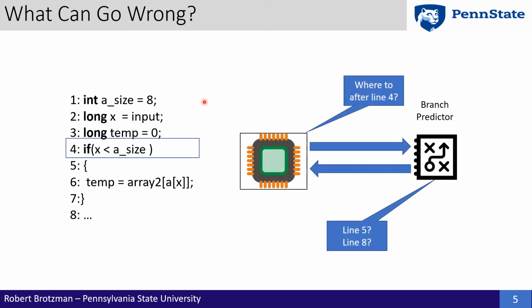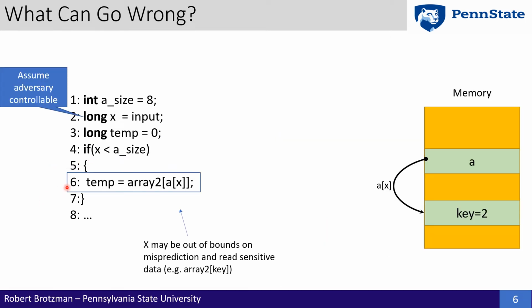So now when the processor gets to line 4, when we execute this if condition, it'll be lowered to some kind of jump instruction, most likely, some conditional jump. The processor will ask the branch predictor, where should it resume execution? So the branch predictor will guess either line 5 or line 8. And the processor will then begin executing at that point.